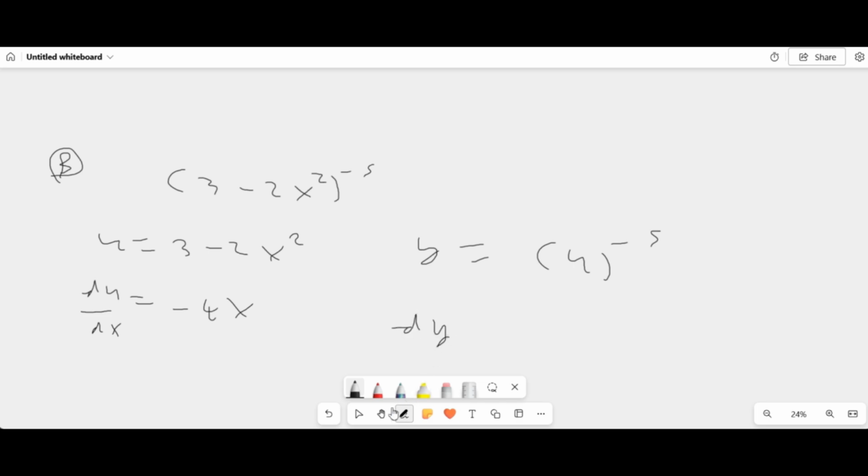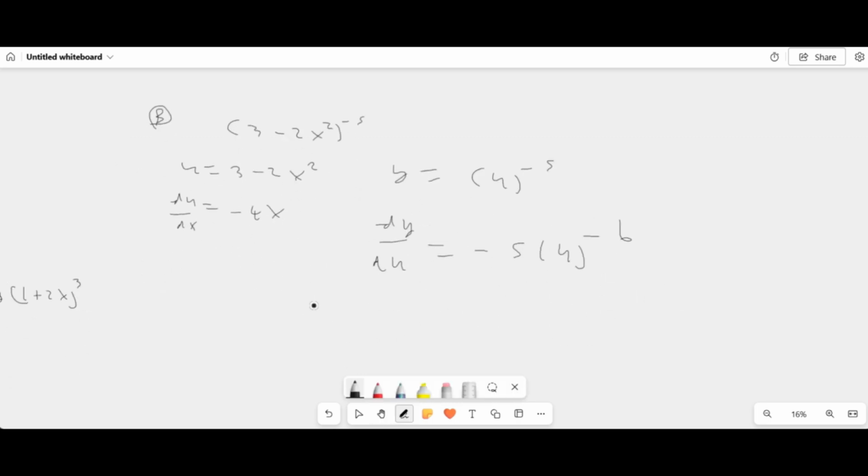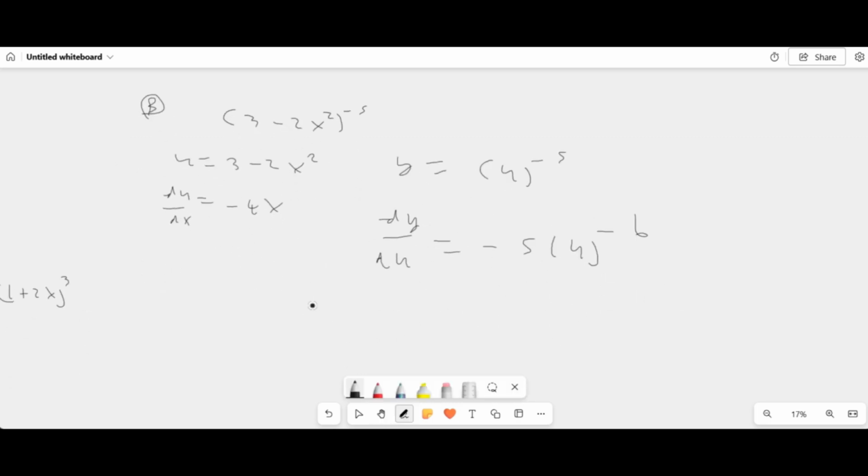So now dy over du is going to be, bring the minus 5 down, so that's minus 5, open bracket u, and then take away 1 from the power, so that's minus 6 here. So now what you want to do is times them together. So minus 4x times that is going to become minus 20x u to the power of minus 6.